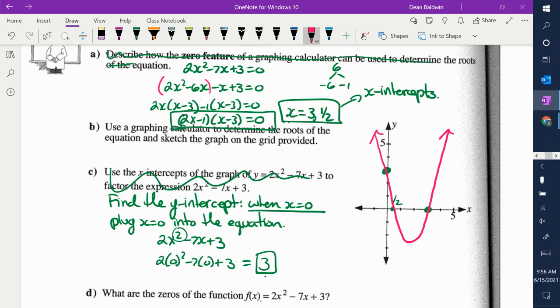So if you can find the x-intercepts, you know the general shape of the graph, and we're going to talk more about the general shape and how to find this point here. We're going to learn how to find that point and stuff. But for you right now, quadratic is always a parabola. Find the x-intercepts, find the y-intercept, and do a quick sketch of the graph.